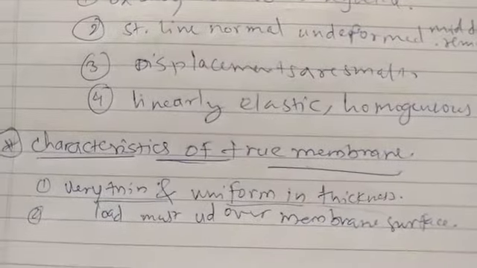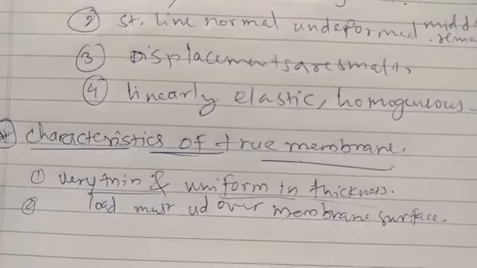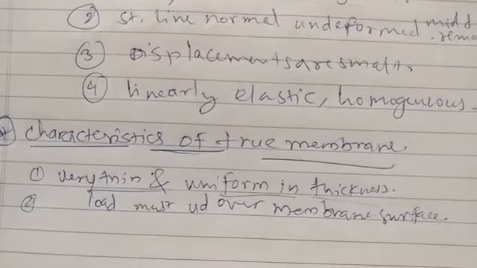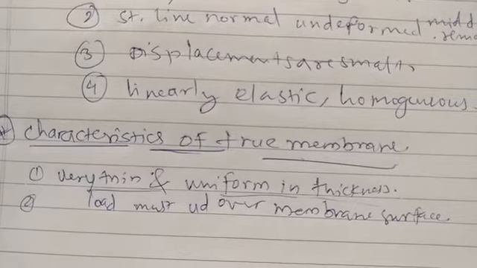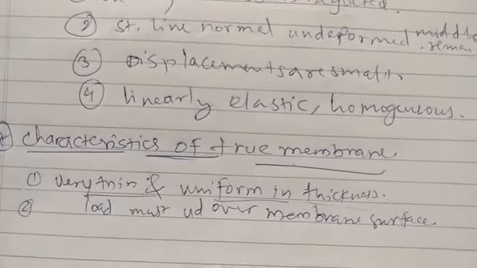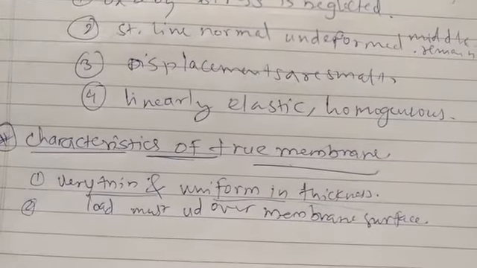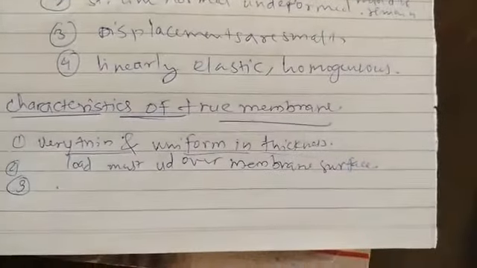Now the third characteristic is that it must be perfectly flexible. At any point on the membrane middle surface, it can have full freedom of displacement along the normal to that point. I'll repeat the third characteristic again.